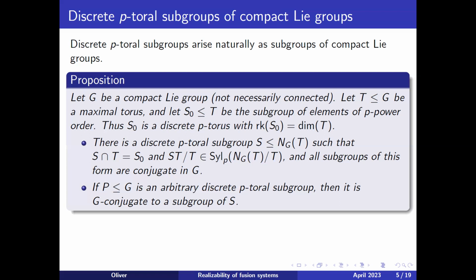And then the result is that there are such subgroups of the normalizer of the torus.